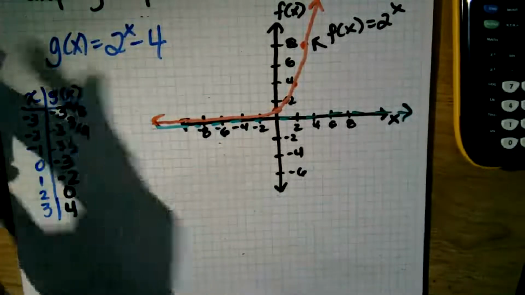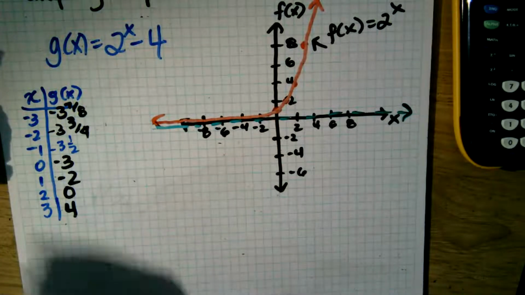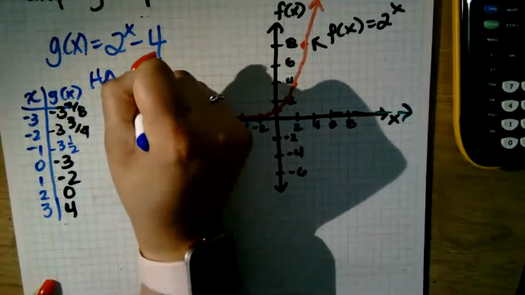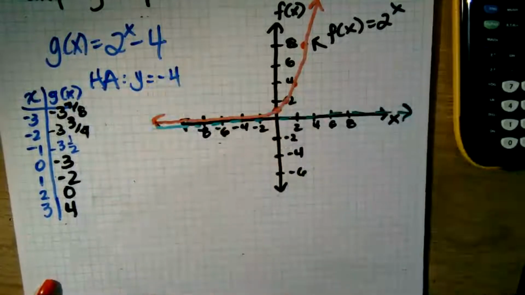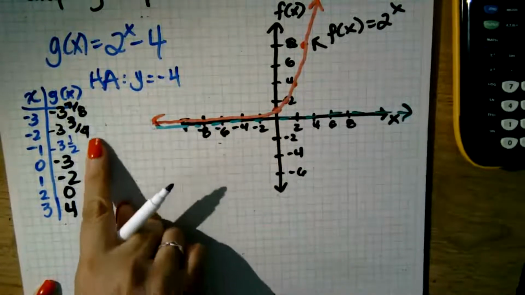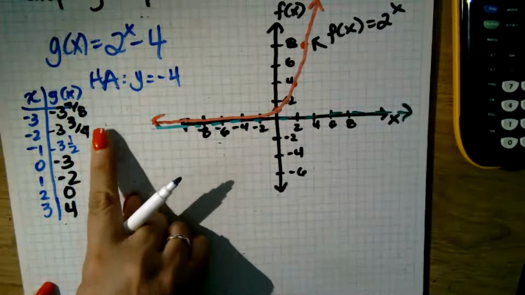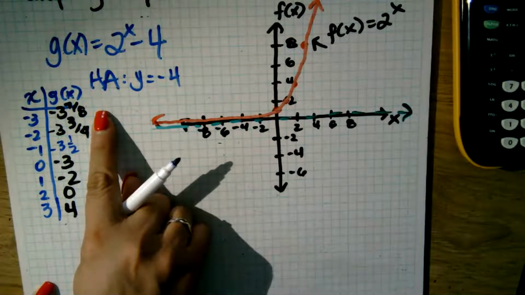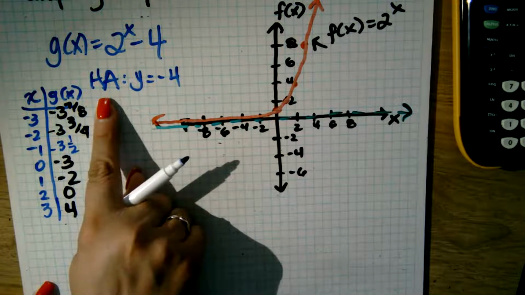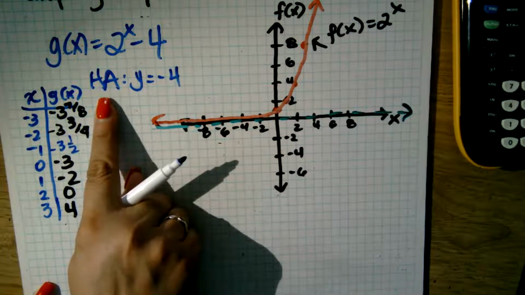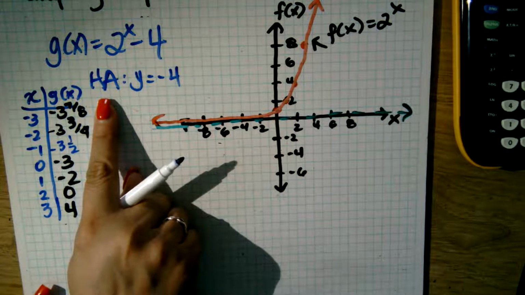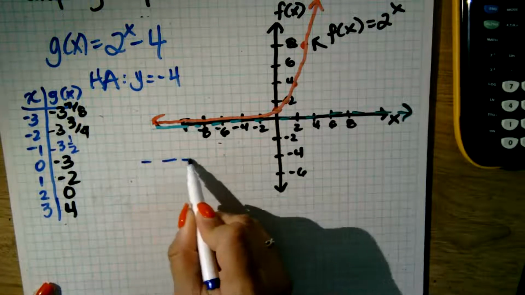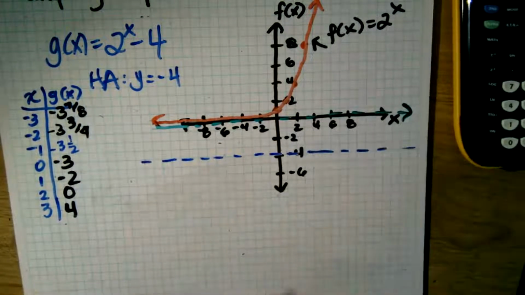So I now recognize that this guy has a horizontal asymptote at y equals negative 4. Because look, this started at negative 3.5, then negative 3 3/4, this is going to go to negative 3 7/8, and the next one is probably going to be negative 3 15/16. So there's a pattern. There is my horizontal asymptote for that guy.